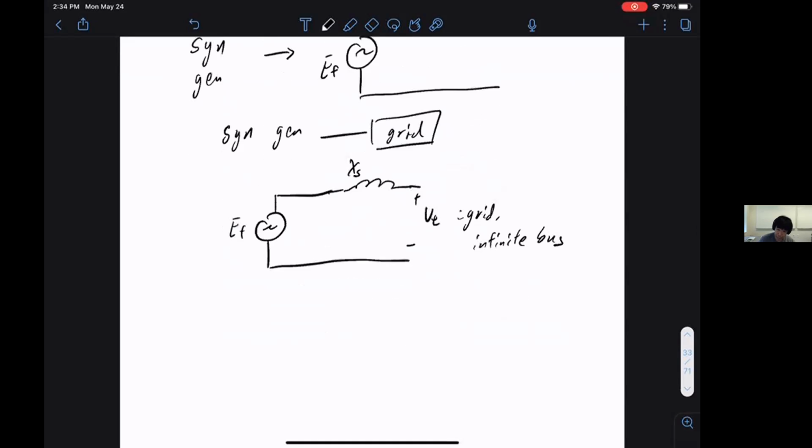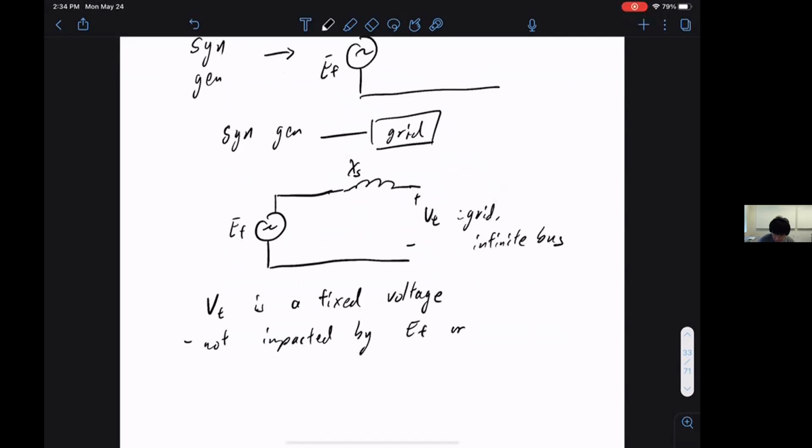And this infinite bus model essentially says the following. Vt is a fixed voltage, right? So this is not impacted by EF or the power generated.